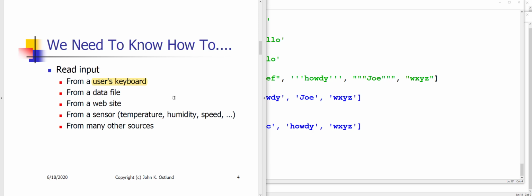If we're doing hardware control kind of software development, which we're not in here, we might have a sensor like a temperature sensor or wind speed sensor or barometric pressure sensor or something like that hooked up to our system that we can read data from. Those are just some examples of where we might get data from.